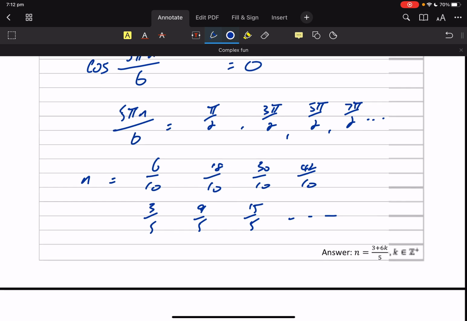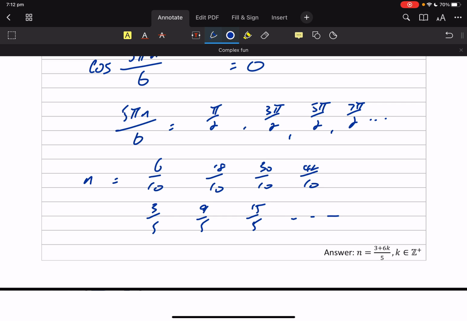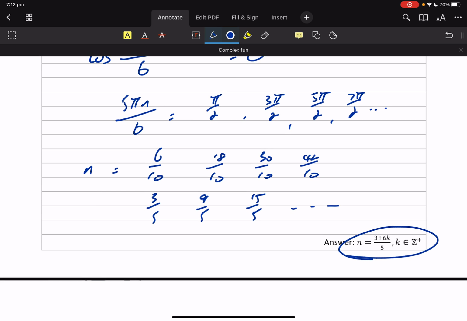Now, I think this is a leftover from the last syllabus where we had sequences and series, because it said for all n. I don't think that could be in this external exam, but if you think about it, n is going to be something on 5: 3, 9, 15, 21, etc. So we're adding 6 each time.